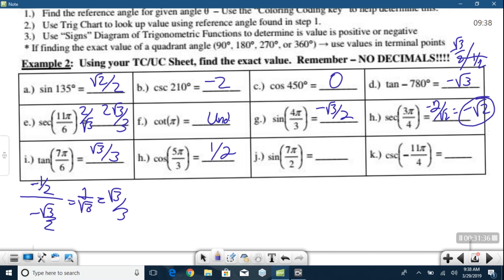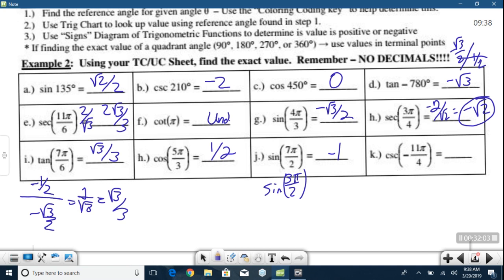So what's 7 minus 4? Your coterminal angle is 3 pi over 2. So sine of 3 pi over 2 is negative 1. Common denominators, remember that.